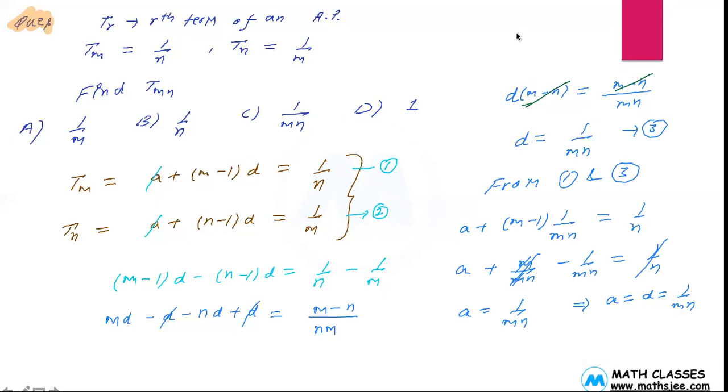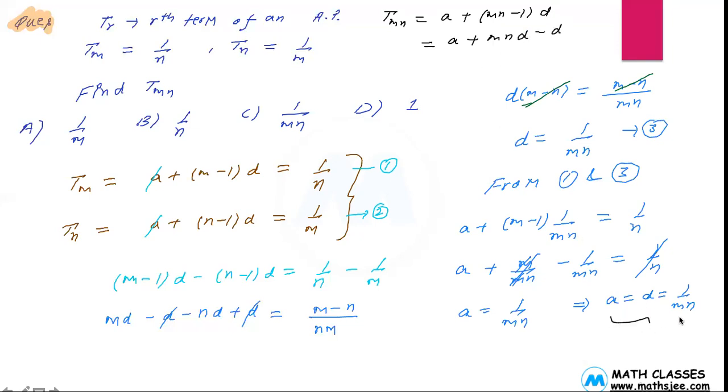Now what we have to find out is Tmn. We know the formula for Tmn, that is the first term plus (mn minus 1) into d, right? And a and d are the same, so I can say this is equal to a plus mnd minus d.